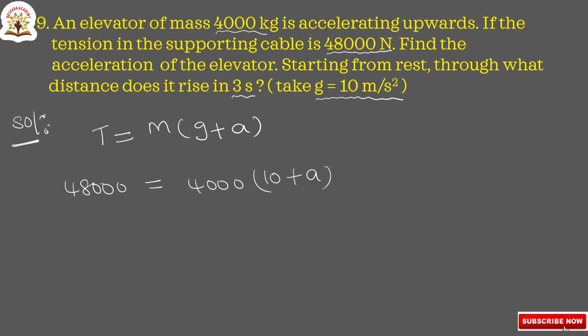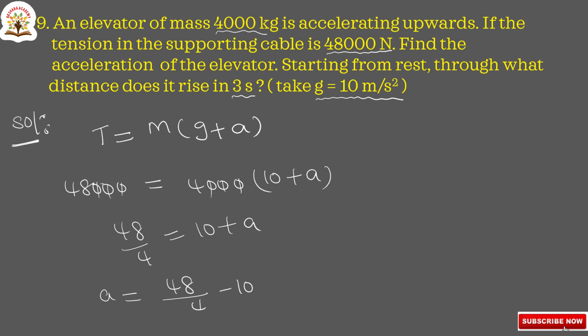So here the zeros get cancelled. 48 is equal to 4 into (10 plus a), so 48 by 4 is equal to 10 plus a. Now a can be written as 48 by 4 minus 10.